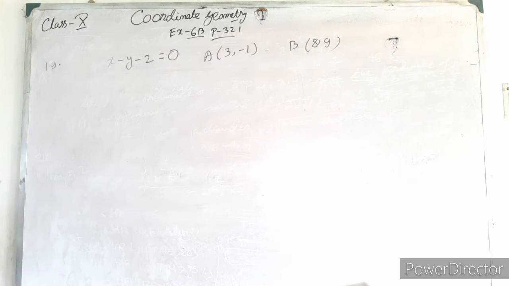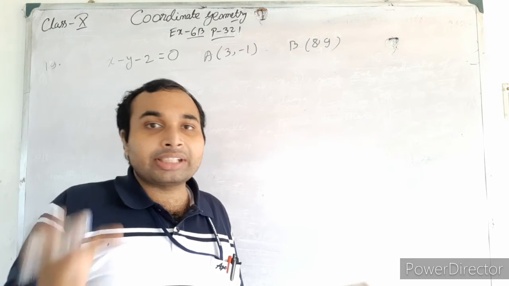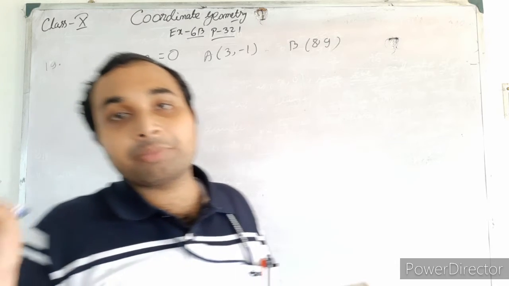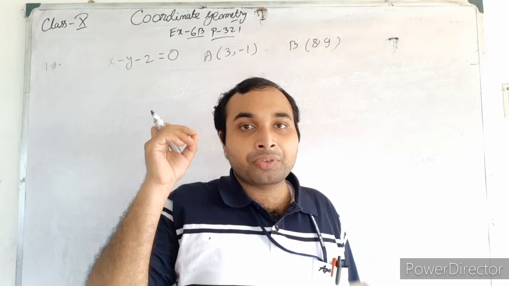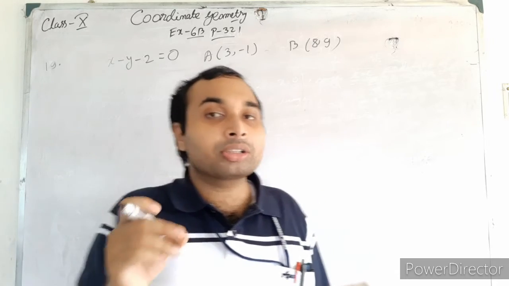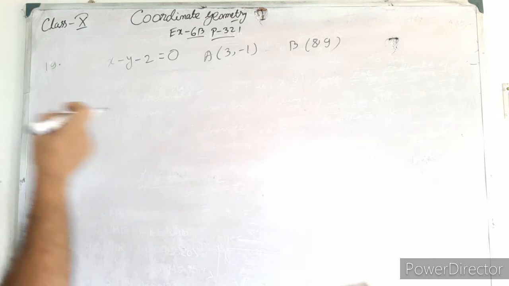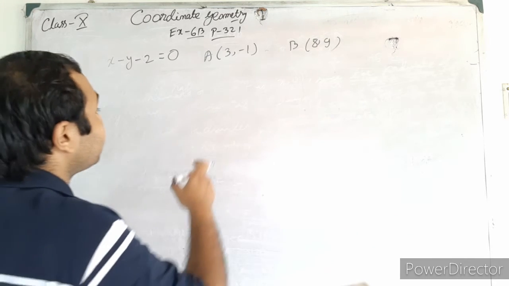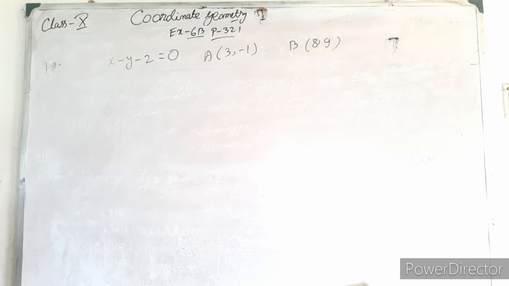This type of example comes, and this time the area of triangles part has been deleted from the syllabus by CBSE. So obviously lots of questions are coming from the section formula, and also tricky questions are coming, mind it. So this type of question is important for this year.